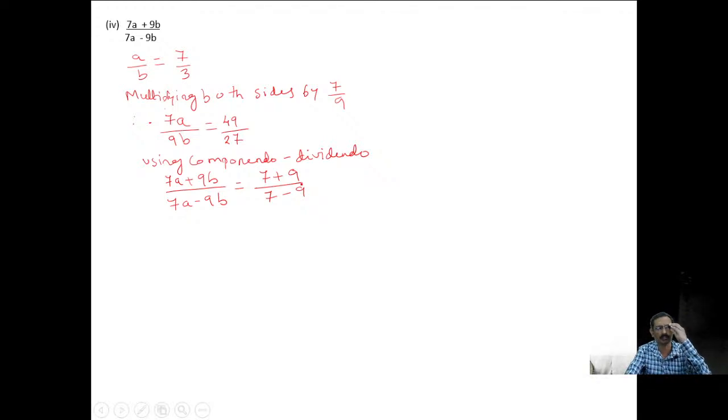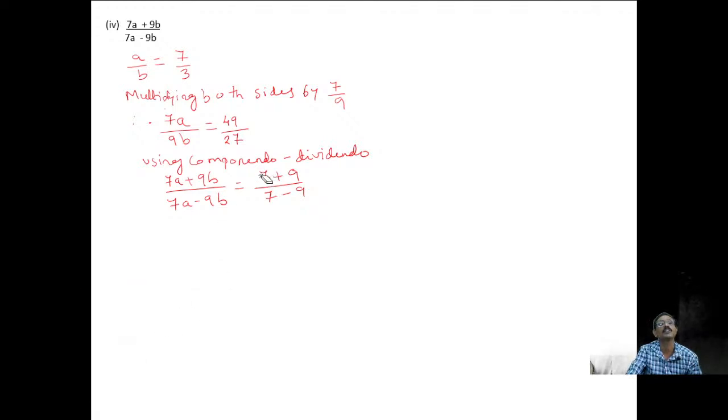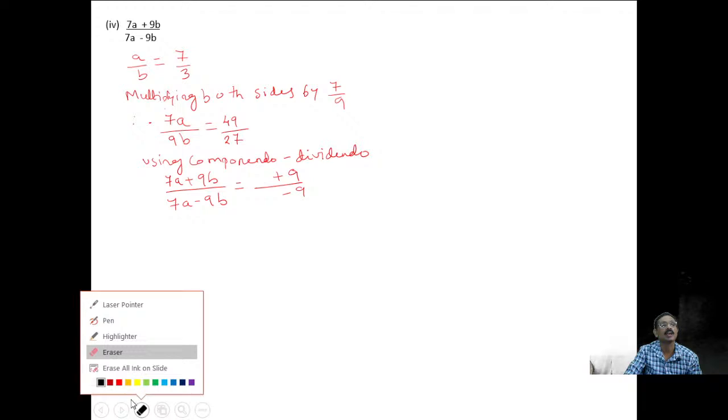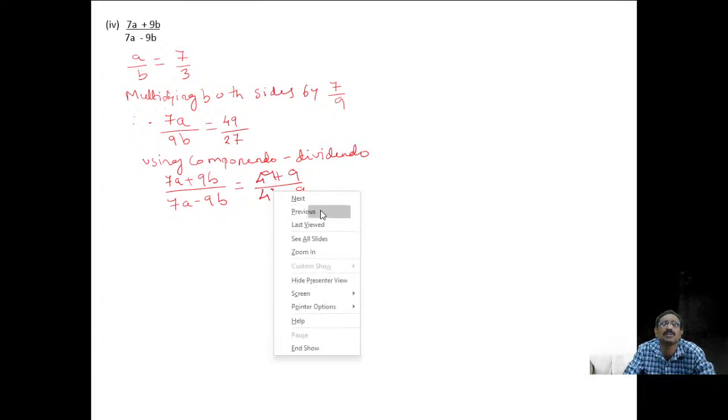Do I have 7 with me? No, I have got here 49, and here 49. Both the sides I have got 49.